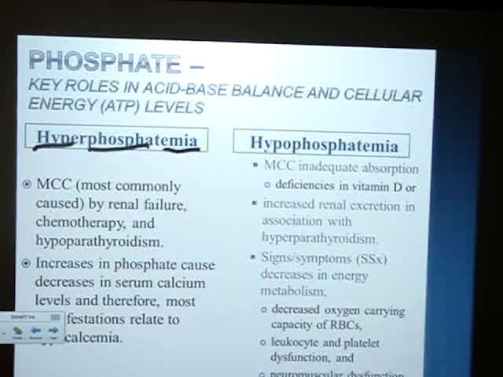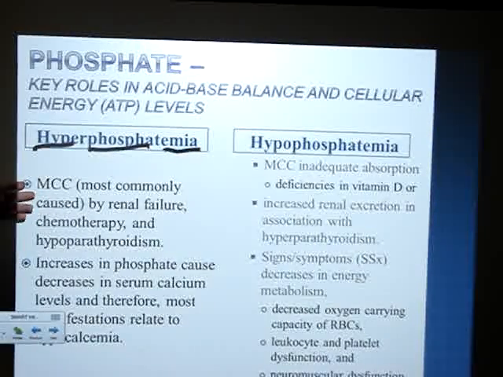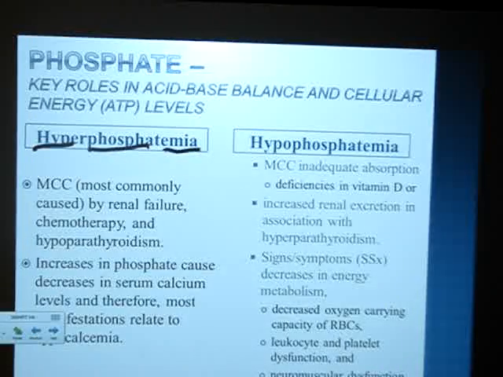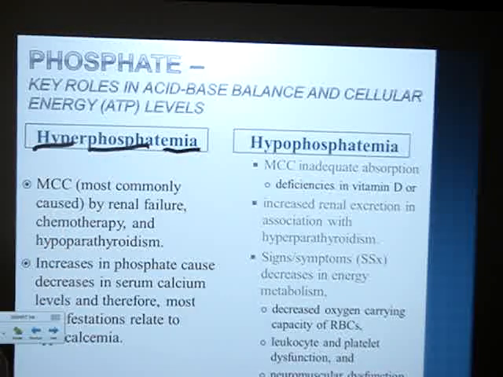Hyperphosphatemia, too much phosphate in your blood. Most common cause, and you'll see this a lot by the way, is renal failure, one of the big ones. Again, your kidney fails, you lose everything, including phosphate. Chemotherapy and hypoparathyroidism, too.